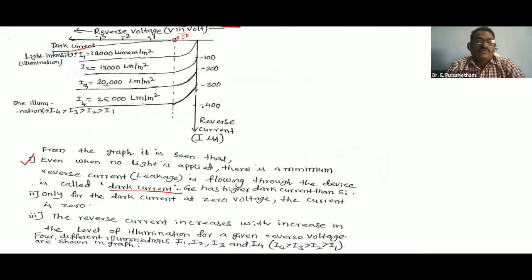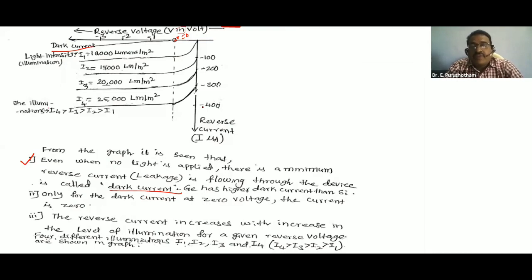From the graph, when no light is applied on the photodiode, it still has some leakage current, some reverse current, called dark current.